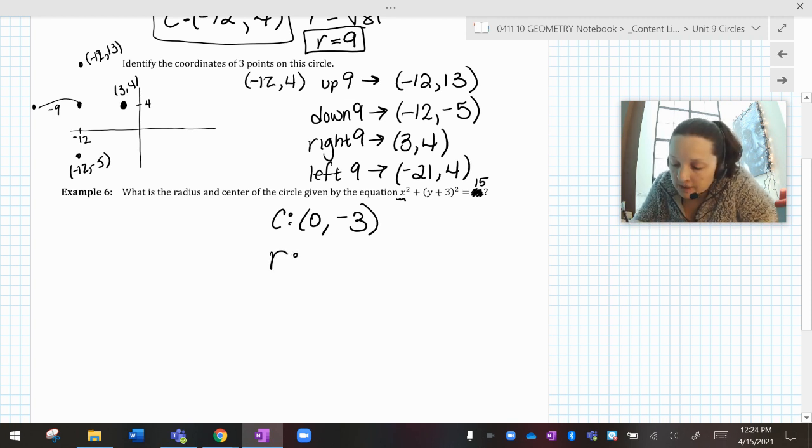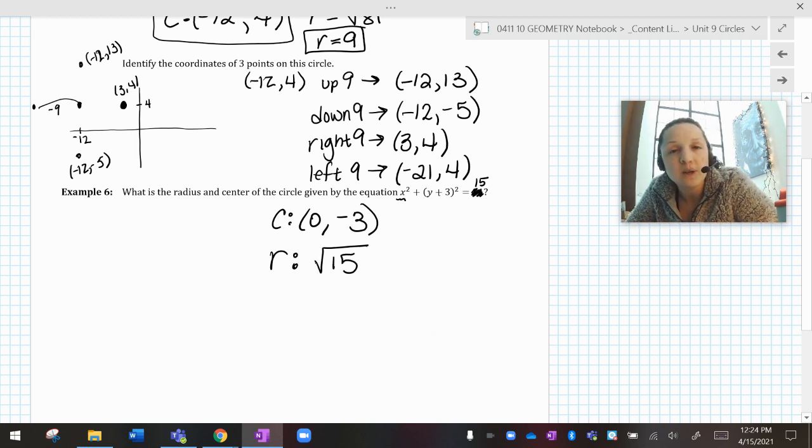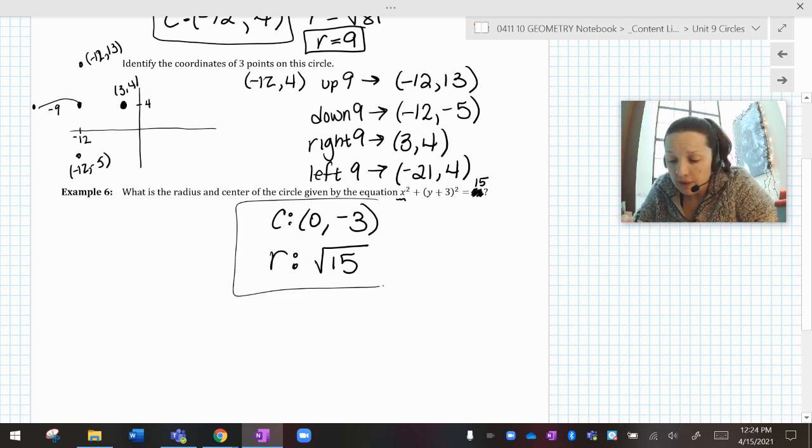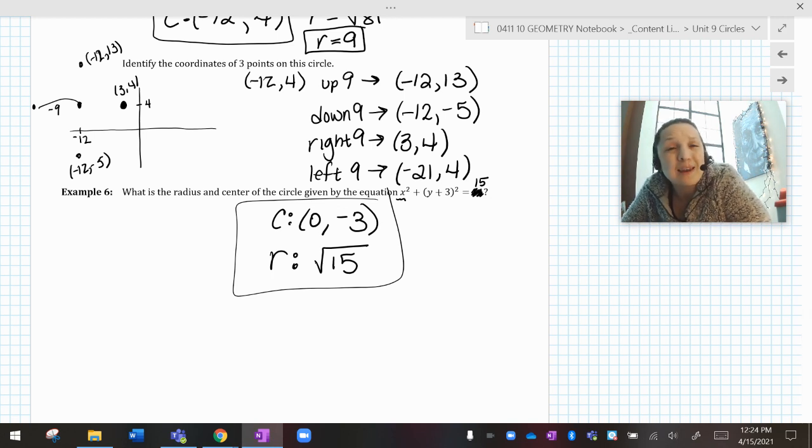And then my radius is that r squared equals 15, so my radius is just the square root of 15. And that doesn't simplify, so I leave it alone. Sometimes your radius isn't a whole number. That's okay. A radius of the square root of 15 is like, I don't know, 3.9-ish. So that's just a center at 0, negative 3 with a radius of close to 4.